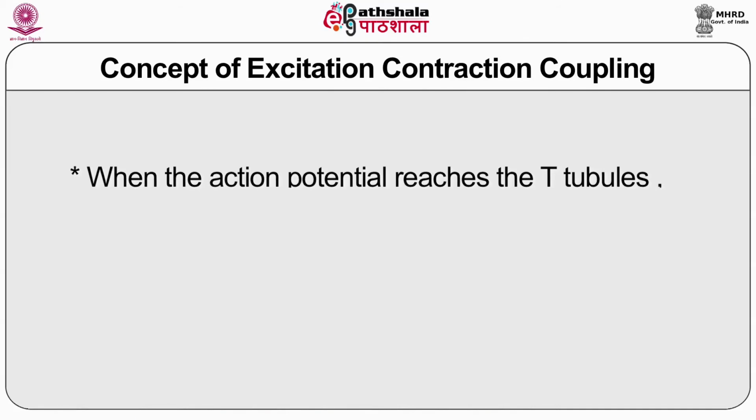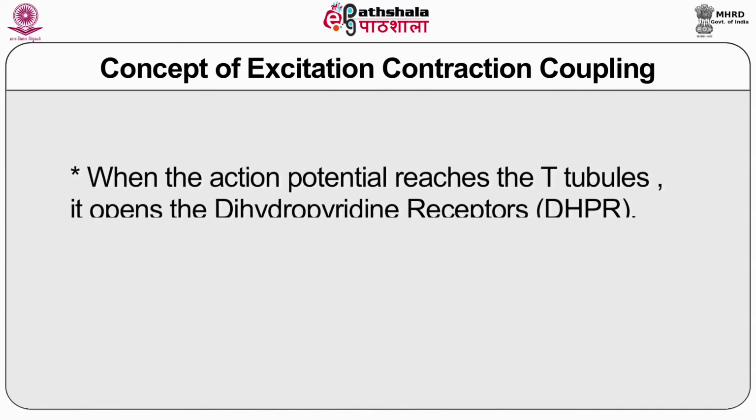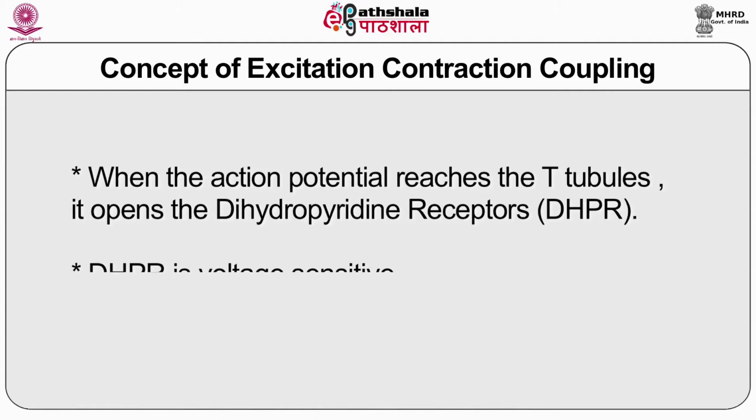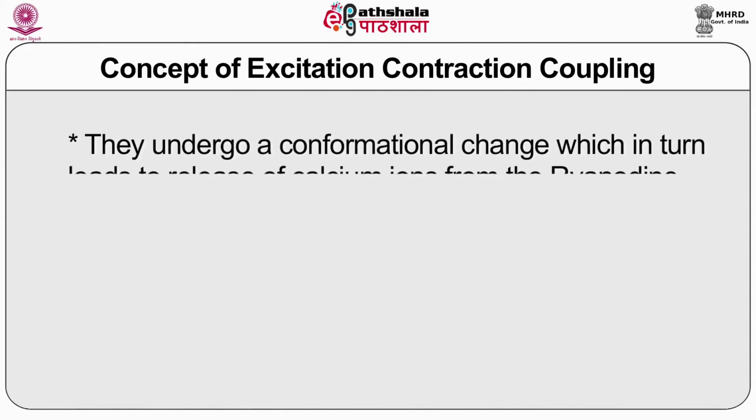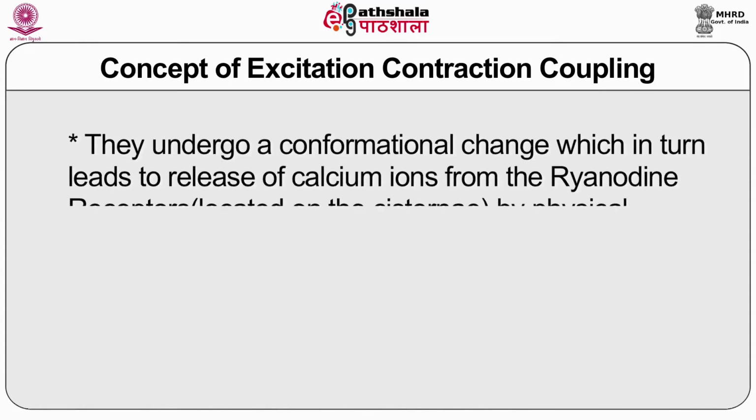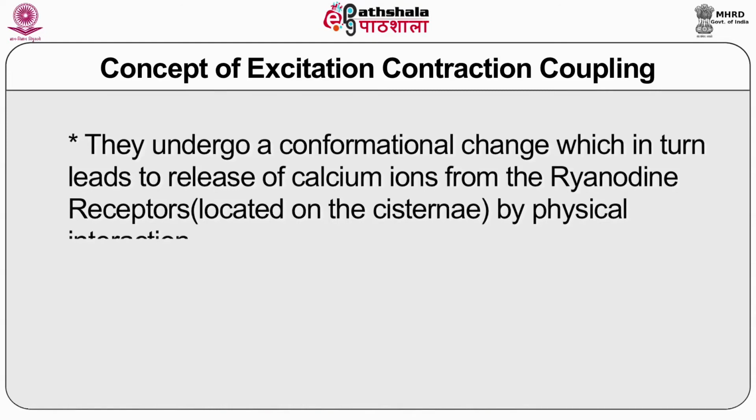When the action potential reaches the T-tubules, it opens the dihydropyridine receptor, which in short is called DHPR. Now, remember, DHPR is voltage sensitive. Now, they also undergo a conformational change which leads to release of calcium ions from the ryanodine receptors, which are located on the cisternae, by physical interaction.